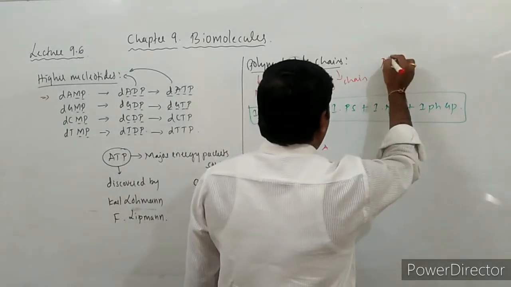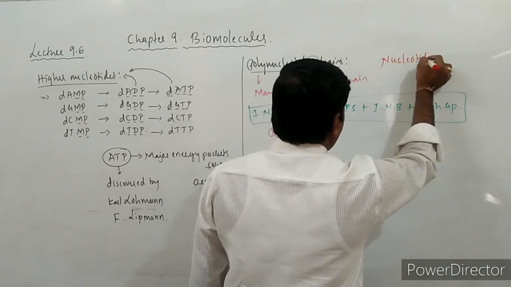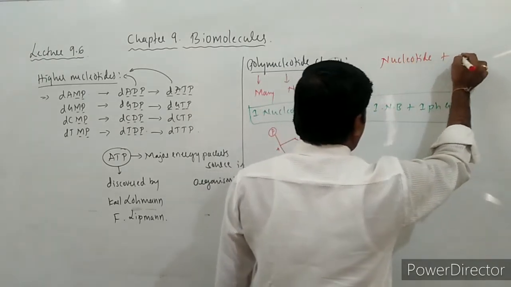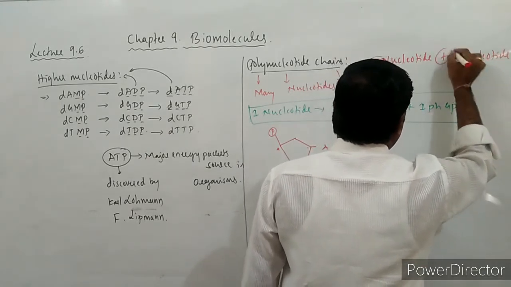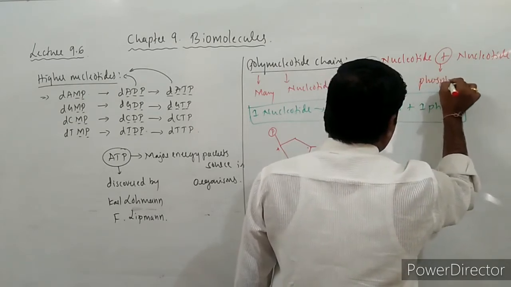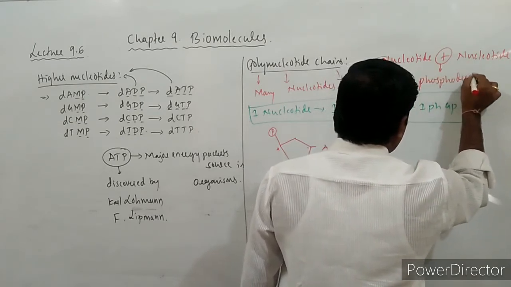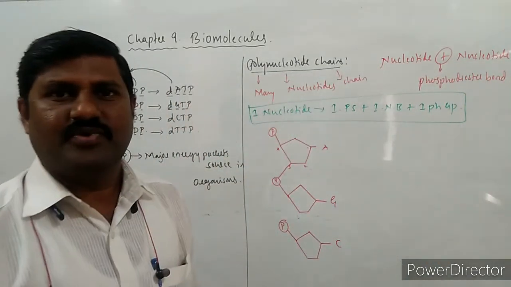Here one nucleotide joins with another nucleotide with the help of a bond called the phosphodiester bond. What is that?